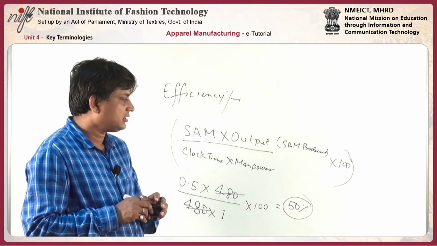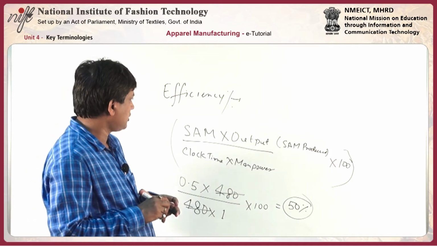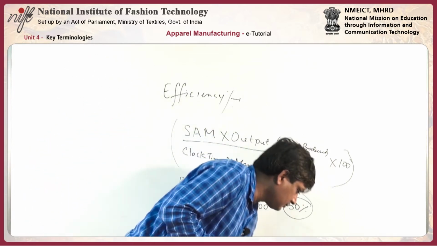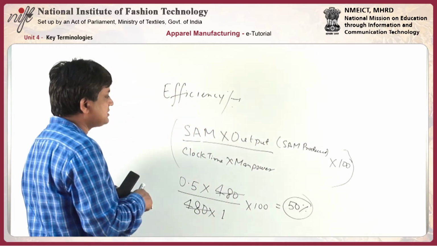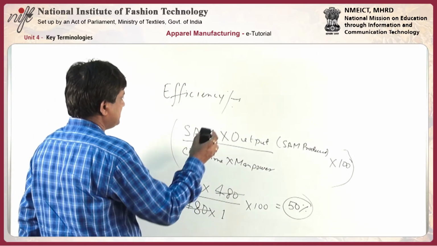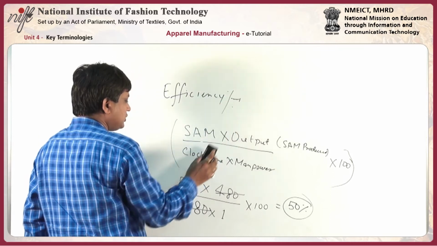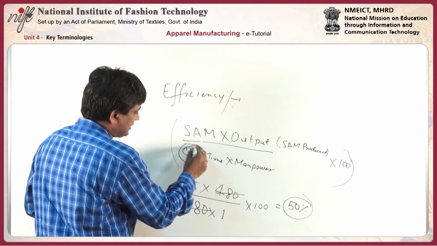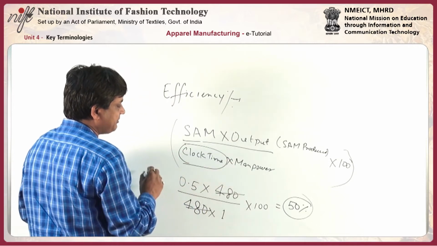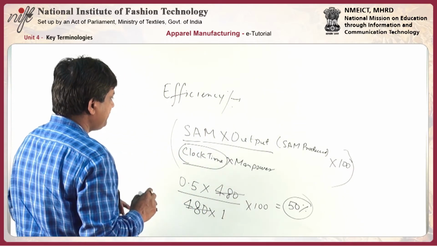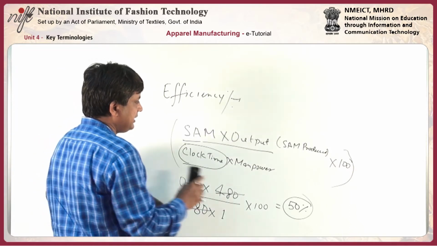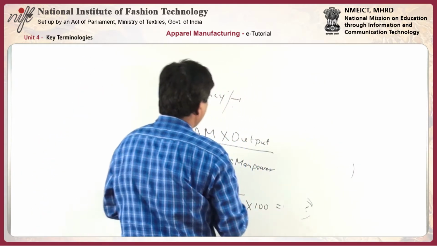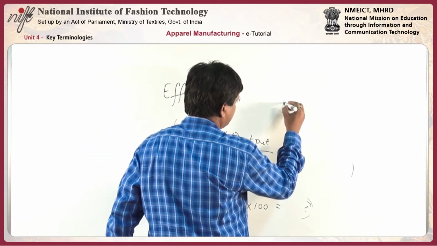Another factor we will also talk about is called performance. How do you find out the performance? Here we have taken the clock time, and now the other formula is the performance.